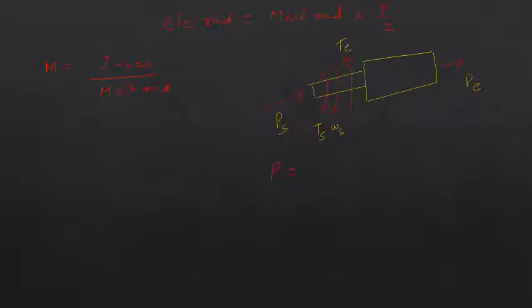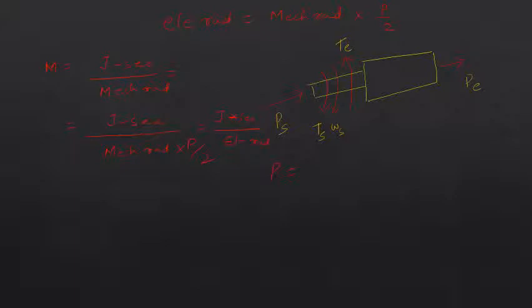So I can write that in electrical terms. If I express M, I can write joule per second upon mechanical radian into P by 2, right? So this is your joule per second divided by electrical radian.